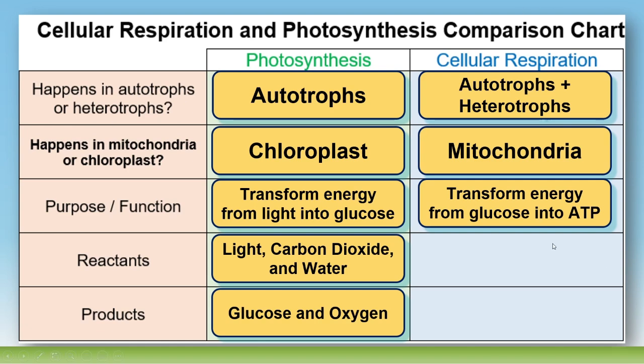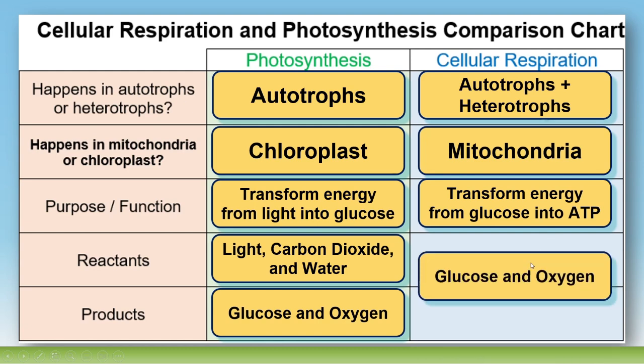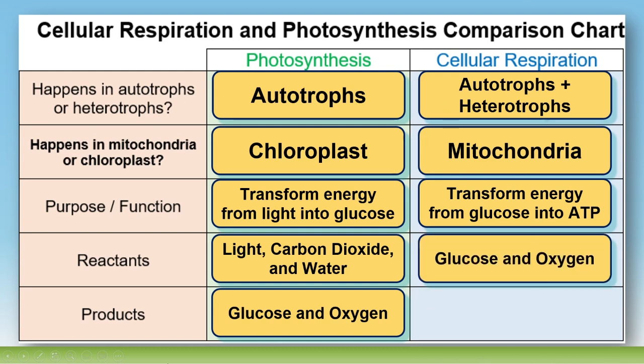So if we look at cell respiration, remember the reactants of one are the products of the other and vice versa, except for energy. So your reactants for cell respiration are, what do you know? The products of photosynthesis. So glucose and oxygen. So what do you think your products for cell respiration are going to be?